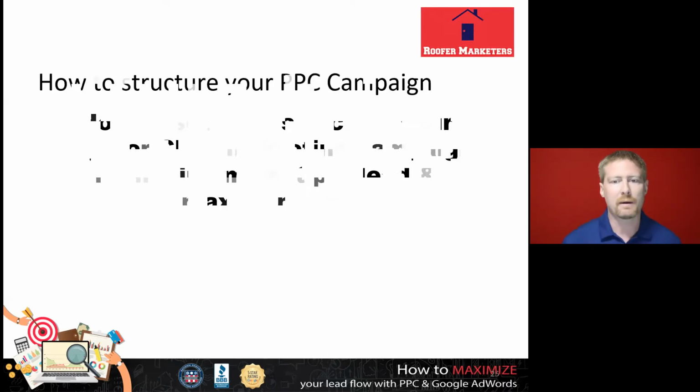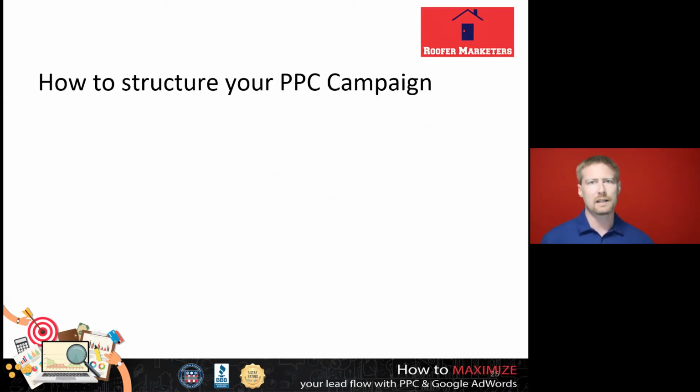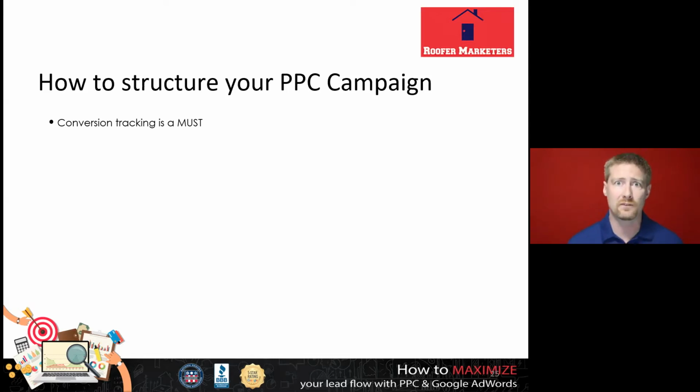So we're going to talk about how to structure your pay-per-click campaigns, and this ties into that commercial intent. When you're structuring your pay-per-click campaigns, the first thing you want to make sure is that you have your conversion tracking in place, right? Because in a lot of markets, the cost per click in roofing is very high.